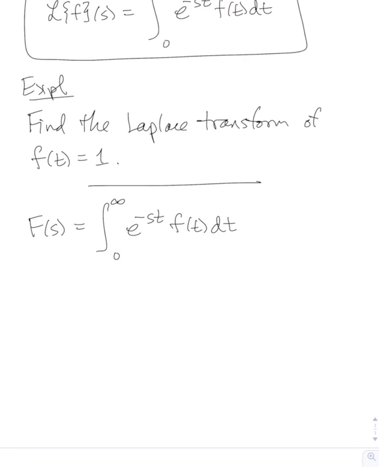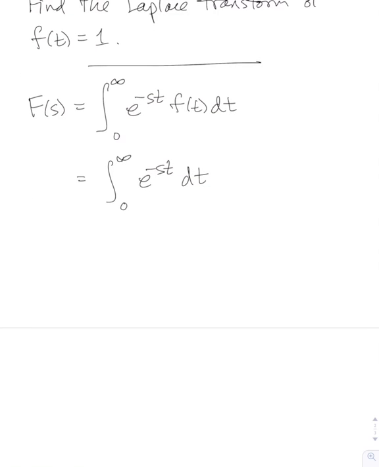Okay, now we'll plug in 1 for f, and we need to evaluate this improper integral. Okay. s here, inside the integral, you can regard s as a constant. We're just integrating dt. And because it is an improper integral, the very first thing we need to do is write it as a limit.